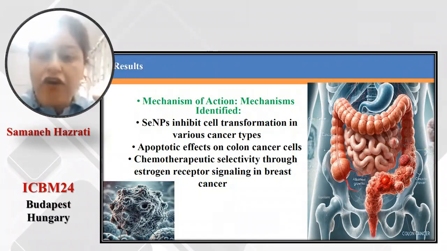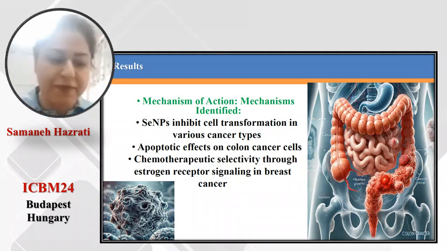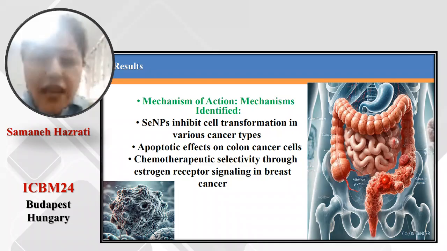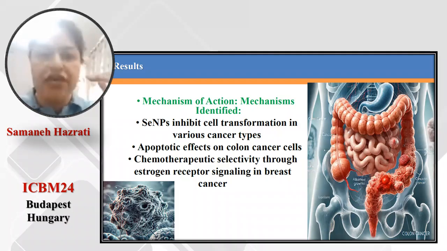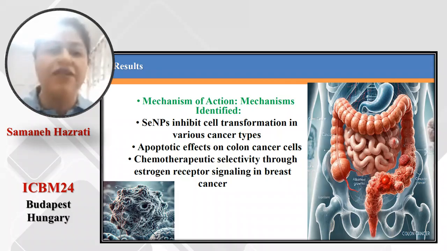Selenium nanoparticles inhibit the transformation of normal cells into cancer cells and induce apoptosis, particularly in colon cancer, through pathways like caspase-3, and in breast cancer, they show selective chemotherapeutic effects influenced by estrogen receptor signaling.